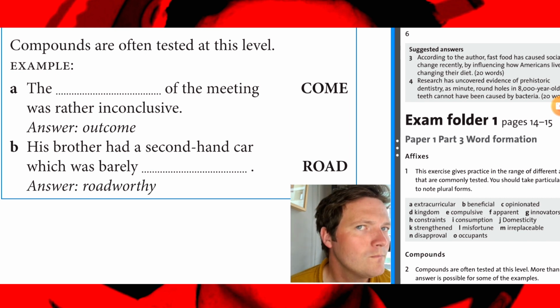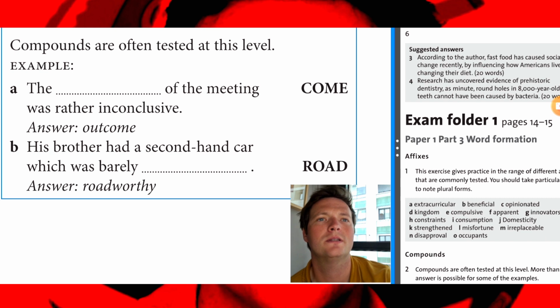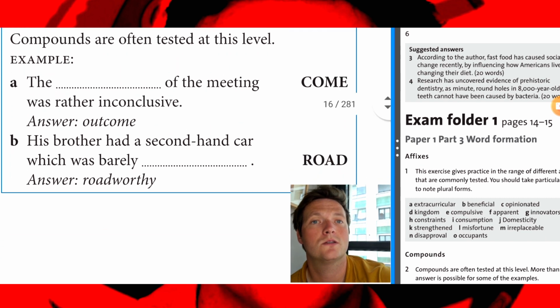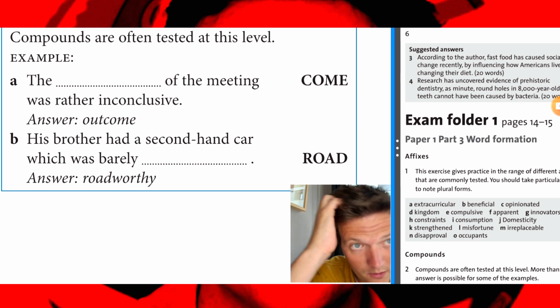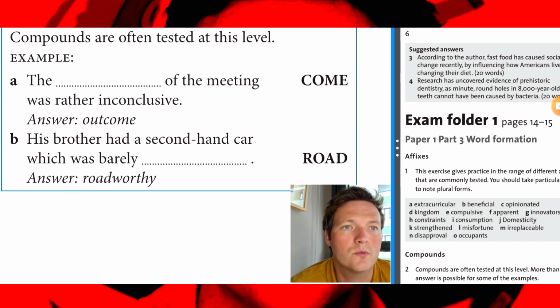So it says compounds are often tested at this level, right? So yeah, these are like two words that are put together to make one word. Compound nouns, whatever. Sometimes compound verbs.